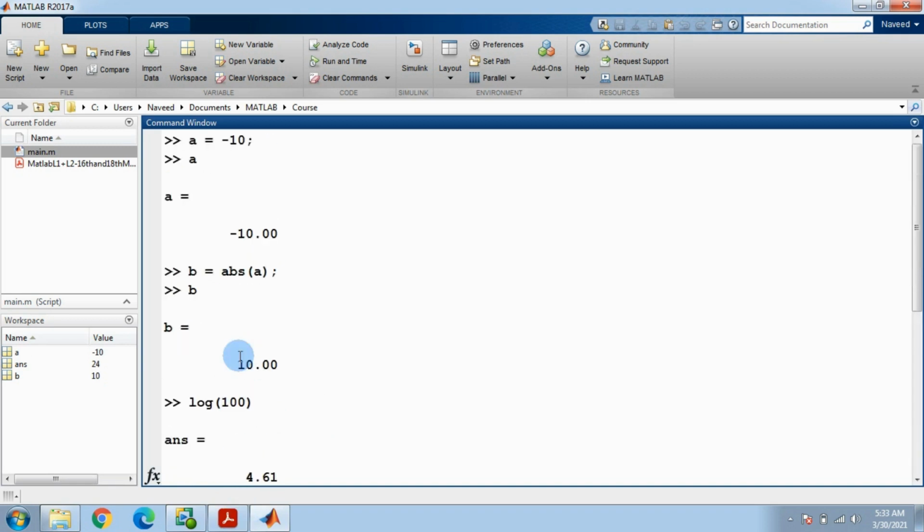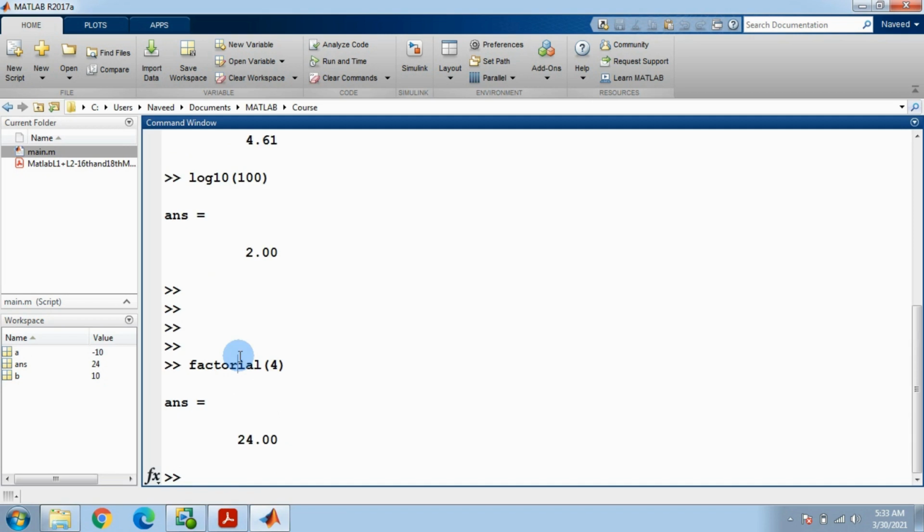So these are some basic MATLAB functions. There are tons of such functions that are useful for different purposes and are used in a lot of different applications. You can find a lot of them either online or in the documentation section that we would be discussing in the upcoming slides.